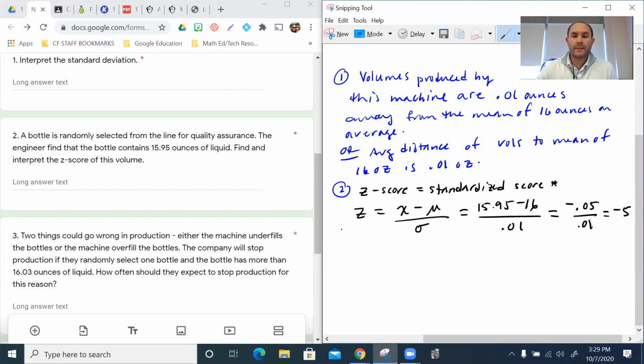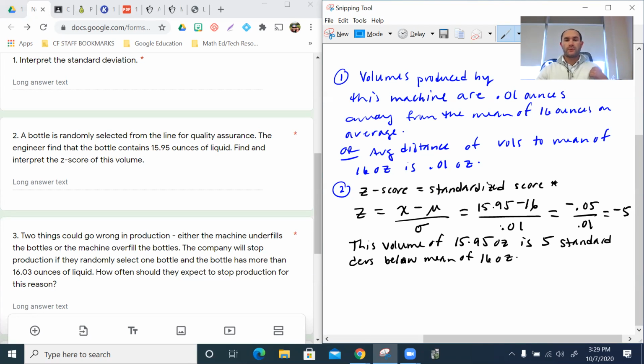So what that means is that this volume of 15.95 ounces is 5 standard deviations below the mean of 16 ounces. Z-score, always the number of standard deviations away. Okay, so that's number 2.